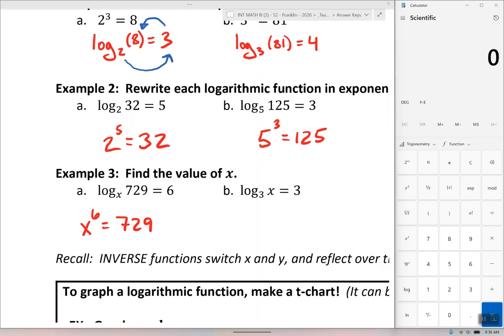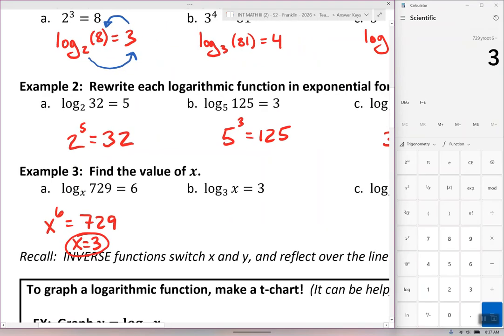Now remember, if you need to find an nth root of a number, so I need to find the 6th root of 729 here. So I'm going to go 729, y root, 6, that'll give me 3. So x equals 3 for this one. 3 to the 6th power equals 729.